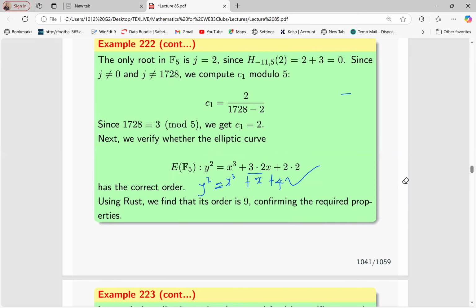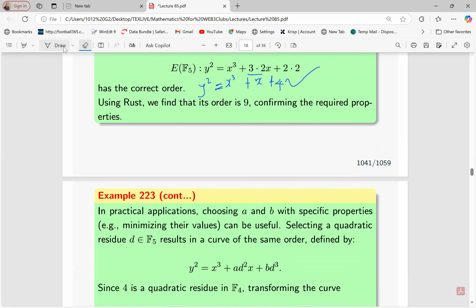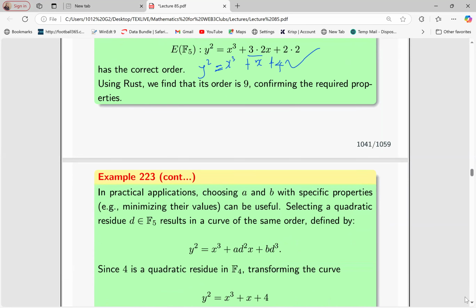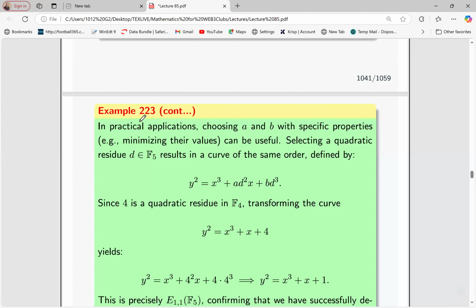And I said the final step, after you've obtained this, you do isomorphism. You map it to another curve. Isomorphism says that to map that curve, you map it to x cubed plus ad square x plus bd cubed, where d is a number mod 5 that has a square root.